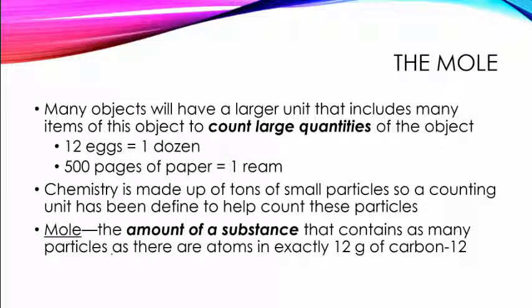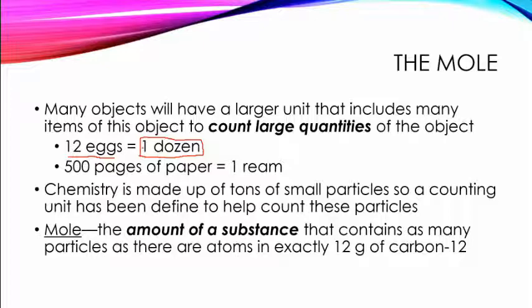Before we get to moles, a lot of times you'll use a larger unit to count objects. The purpose of this is to make them easier to count. An example is to count eggs: we say we have 12 eggs in 1 dozen. So we can count dozens of eggs versus individual eggs, and it makes it easier to count.